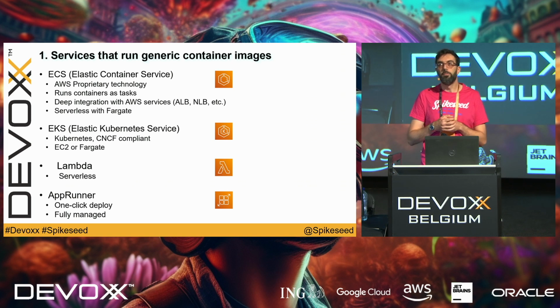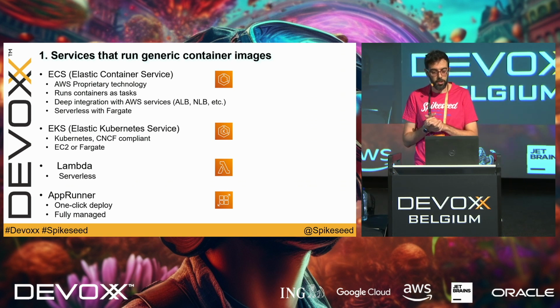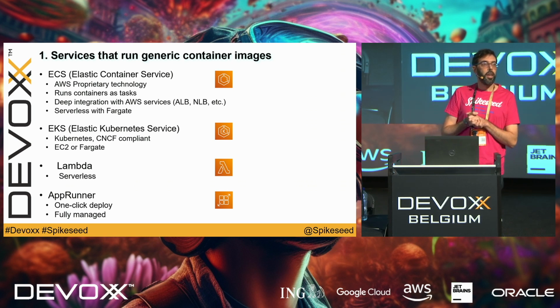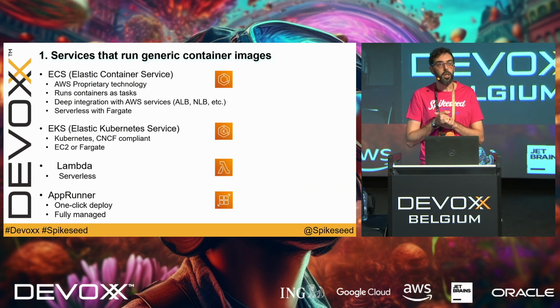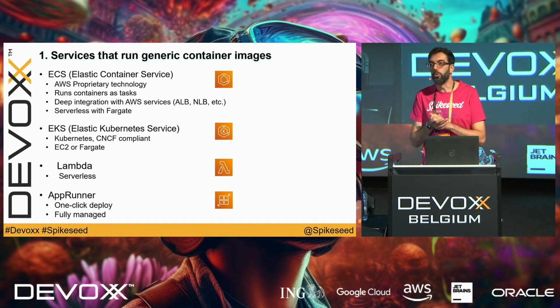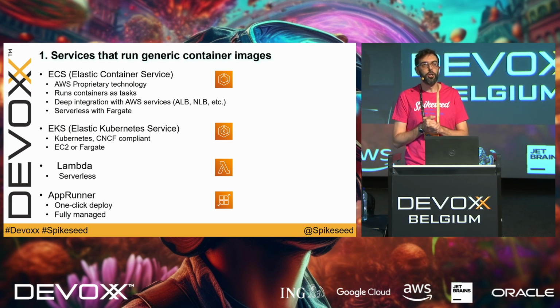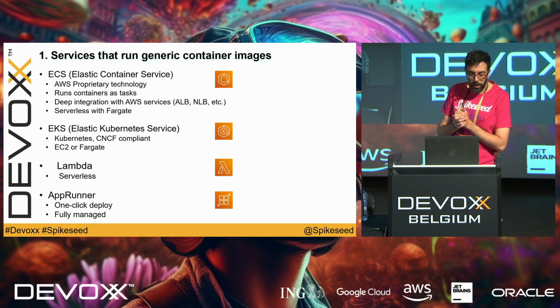It has deep integration with many services of AWS, load balancers, but many others. And it can be serverless using Fargate. Fargate is the Amazon serverless compute engine. So the beauty of this, of course, is that you don't have to maintain, patch, manage the underlying infrastructure.